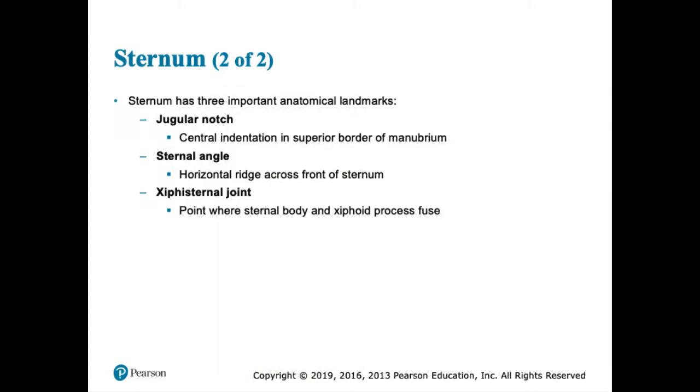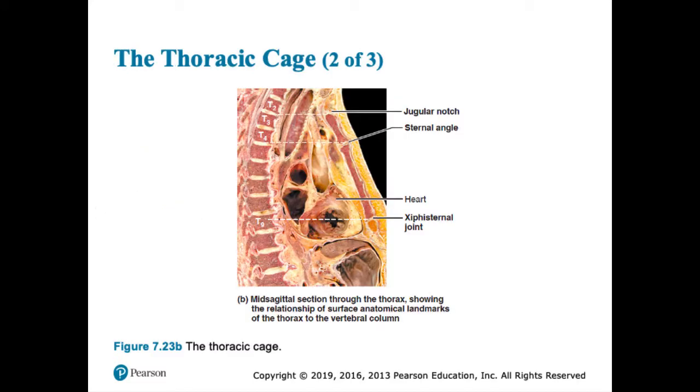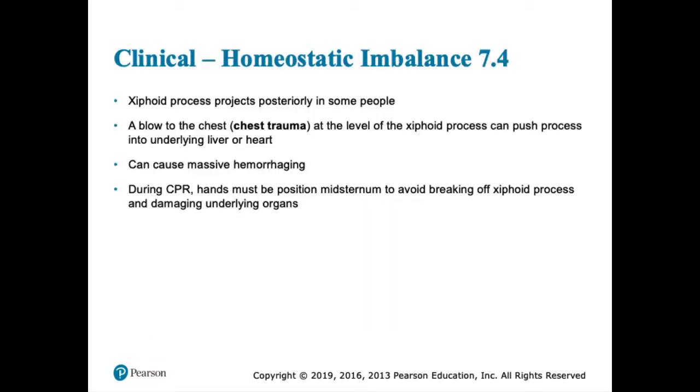The sternum has 3 important anatomical landmarks you need to know: the jugular notch, which is the central indentation, the sternal angle, and the xiphisternal joint, where the sternal body and the xiphoid process fuse. And so that's the thoracic cage, the mid-sagittal section through the thorax, showing the relationship of these landmarks and the vertebral column.